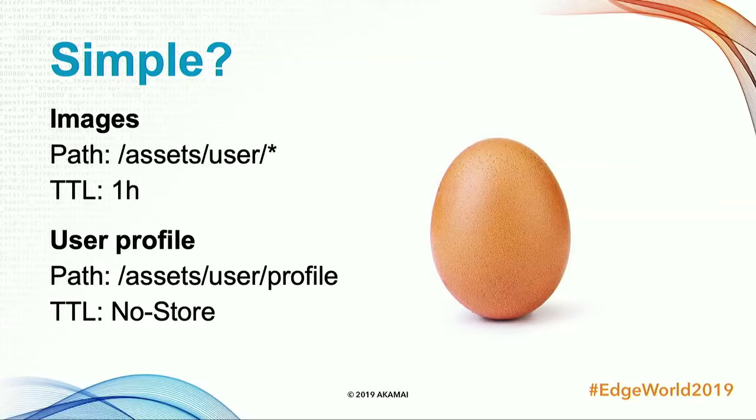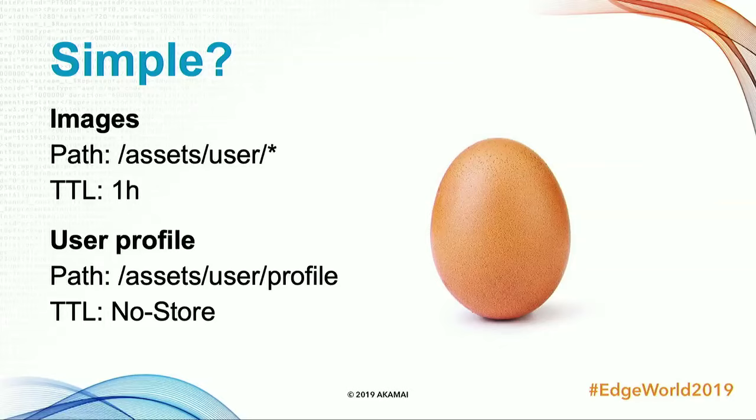Eventually it turned out that user profiles are also under the path /assets/user/profile, and because this page has personal user data, it should never be cached. But the problem is that Bob didn't know about that.